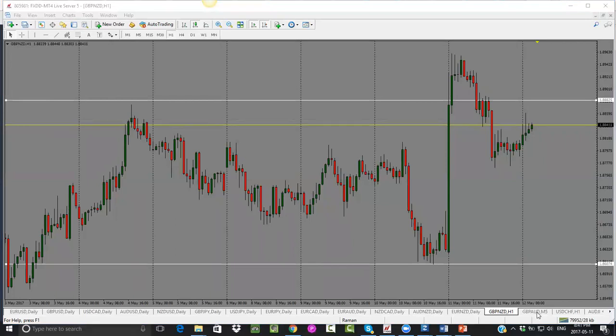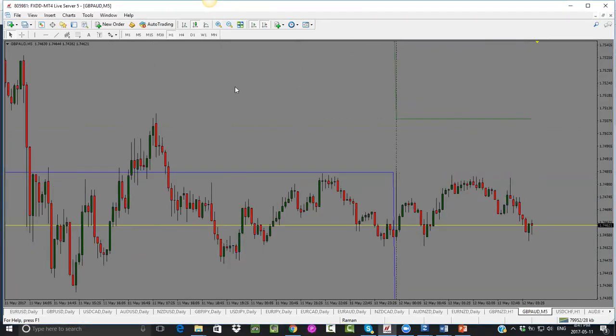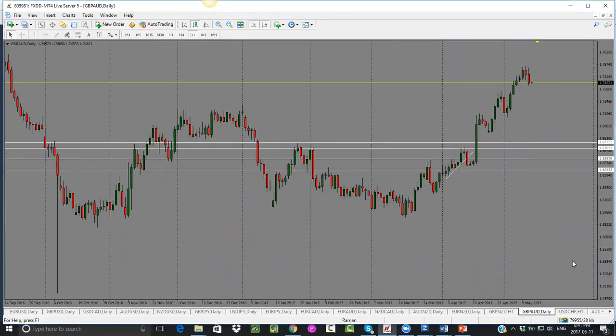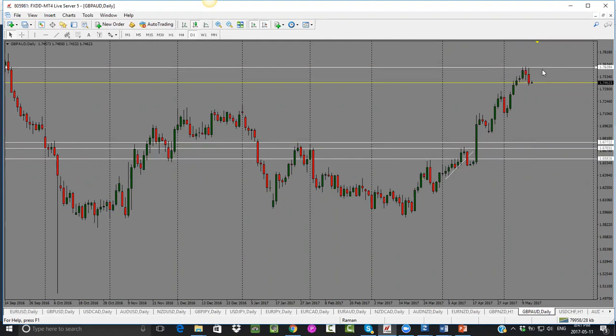Okay, so the last one we have is Pound Aussie here. Pound Aussie looks bearish. So this is a similar setup, but opposite in Aussie dollar. We saw Aussie dollar, we had a red candle, and then we have a bullish pin bar. In this case, it's a bearish engulfing candle, but same story here.